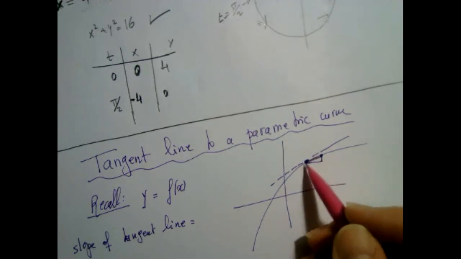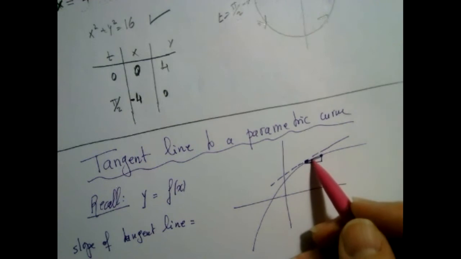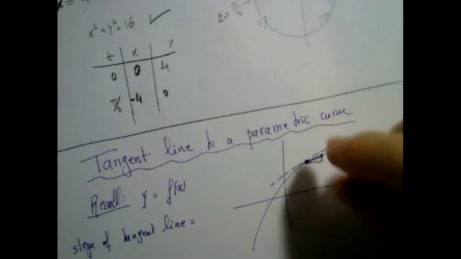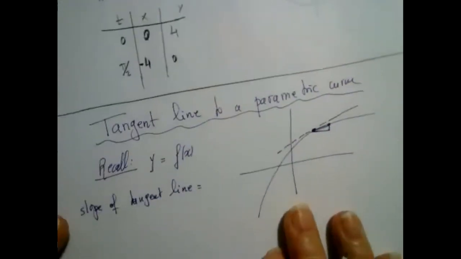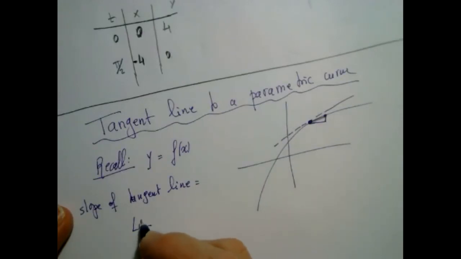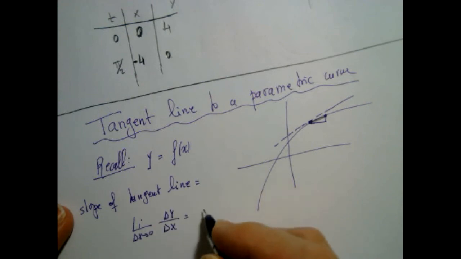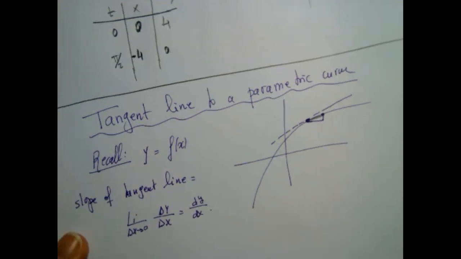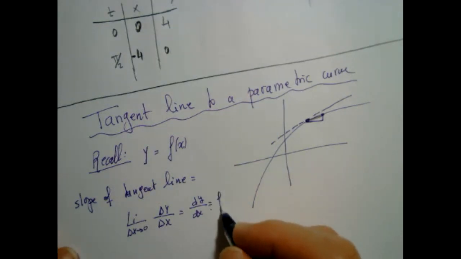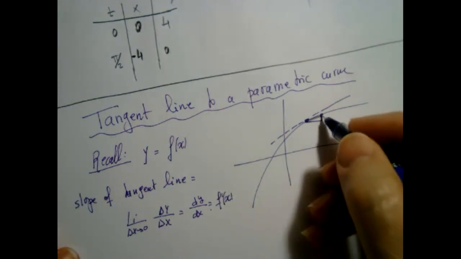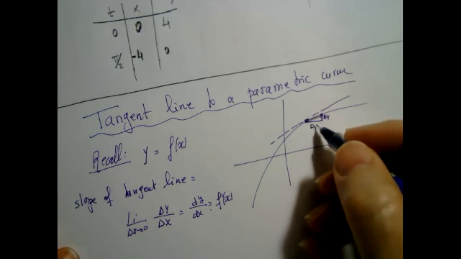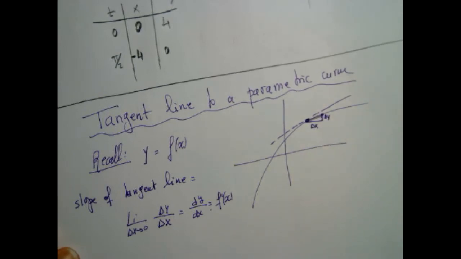Then we let the interval delta x become smaller and smaller, and we find delta y over delta x over a smaller and smaller interval. So the slope of the tangent line is the limit of the change in y over the change in x as the change becomes very small. We denoted this by dy dx. So if y is a function of x, the slope of the tangent line is nothing more than the derivative, which we know.